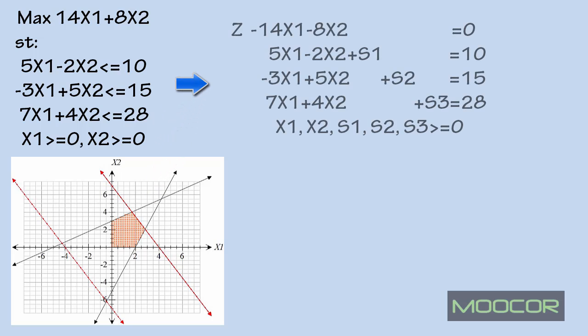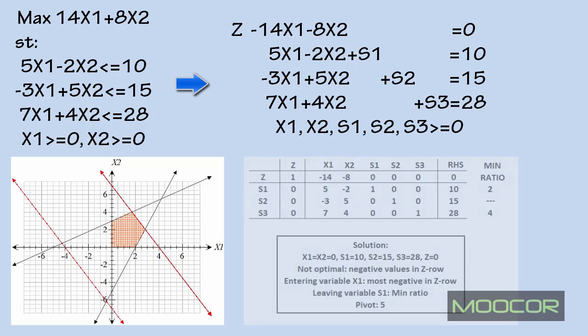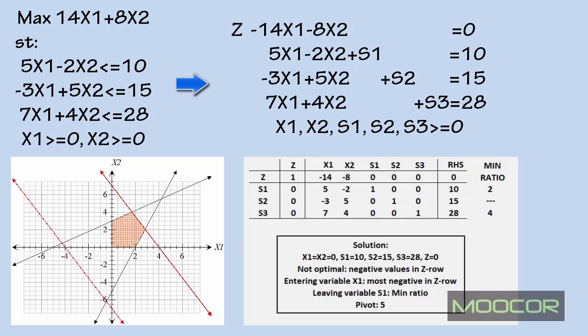Now let's perform the regular steps of the simplex method. We write the standard form of the problem. We will identify basic and non-basic variables and a starting basic feasible solution x1 0 and x2 0. We will identify entering variable and leaving variables. We would end up at an adjacent extreme point.